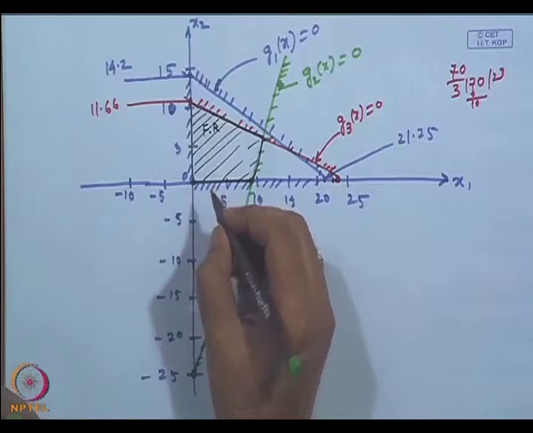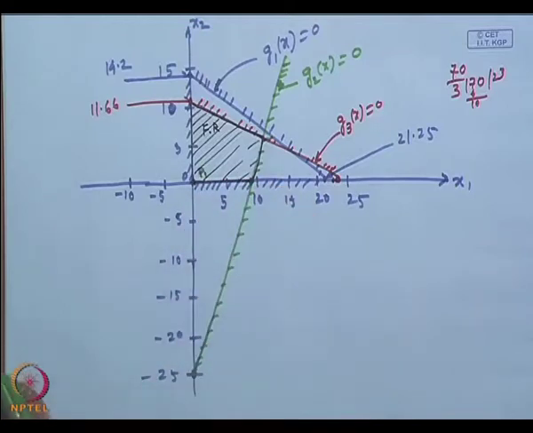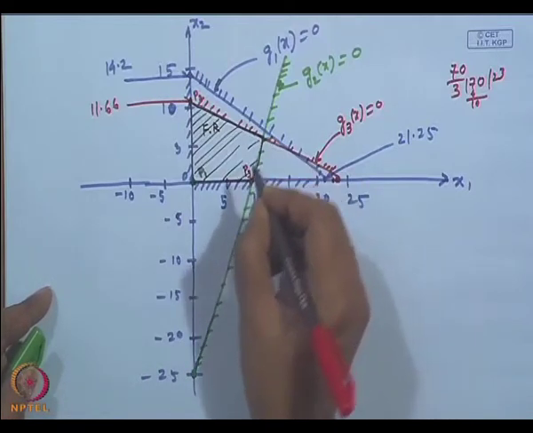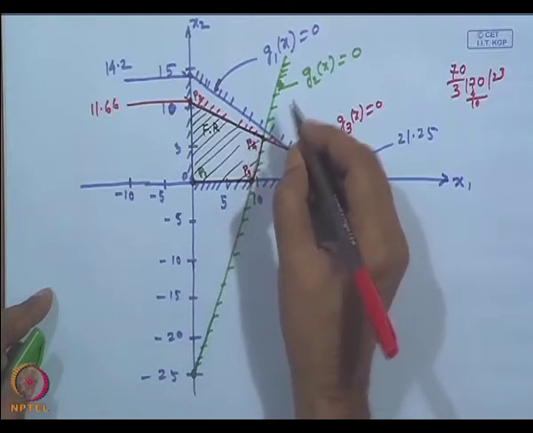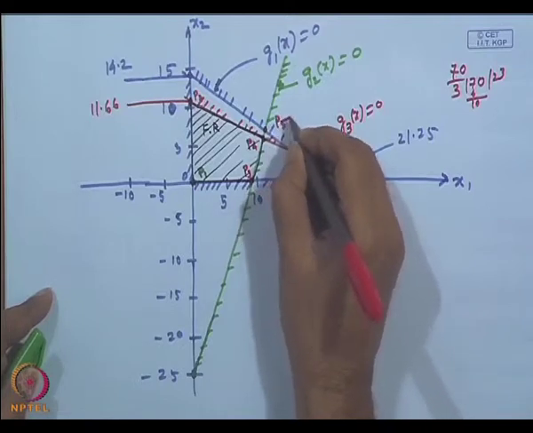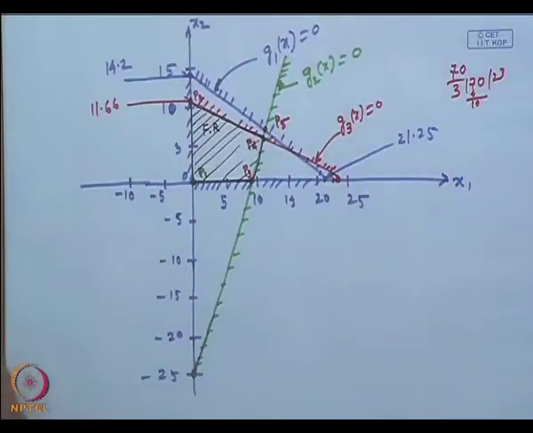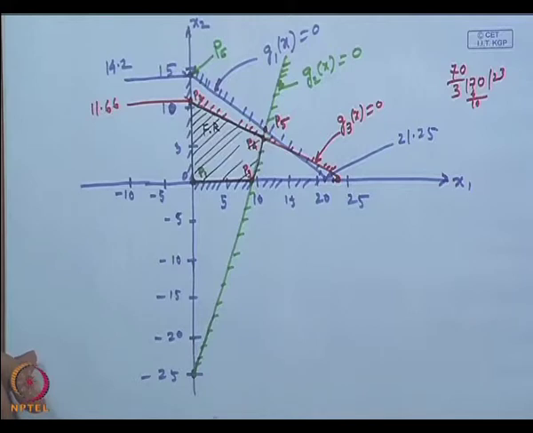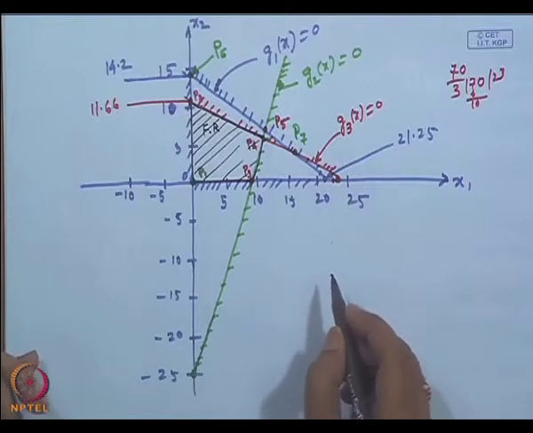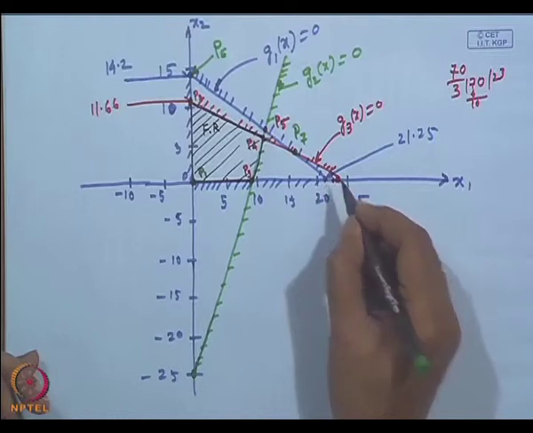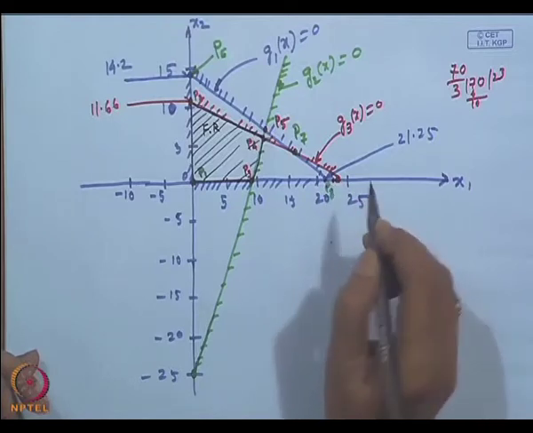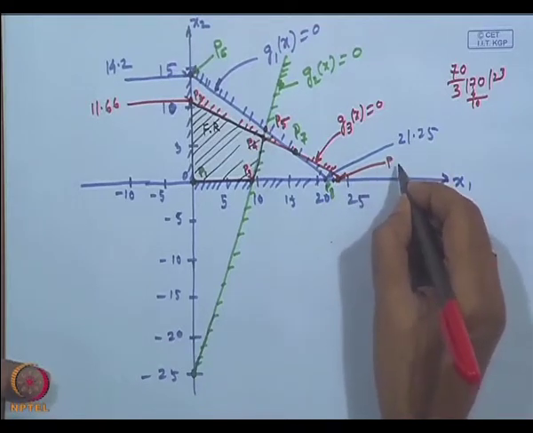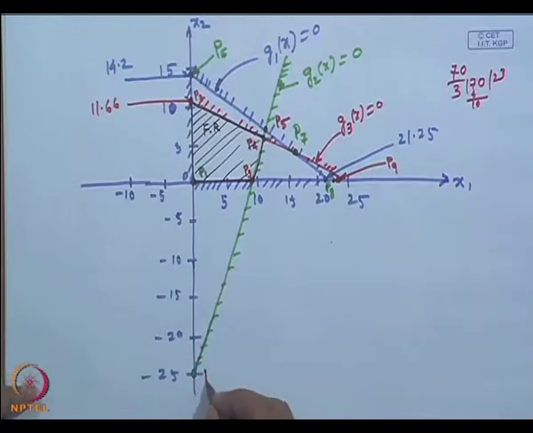So, we have this point, let us call it P 1, then this point is P 2, then this point is P 3, and then this point is P 4, and this point is your P 5, and this point is P 6, and then this cross of this one, let us call P 7, then this cut is P 8, and where it crosses that point is P 9, and this point is P 10.